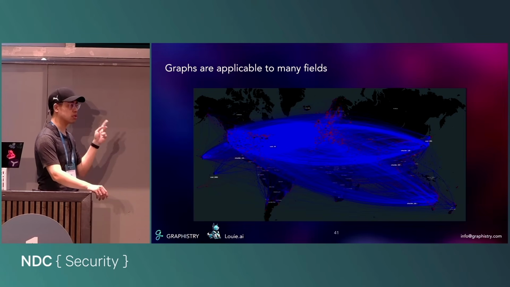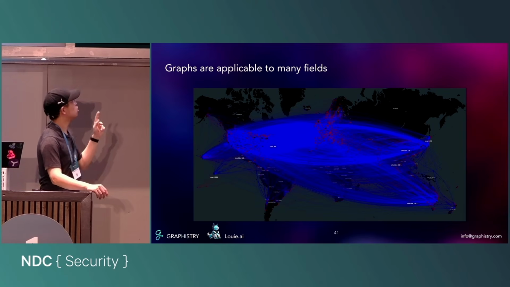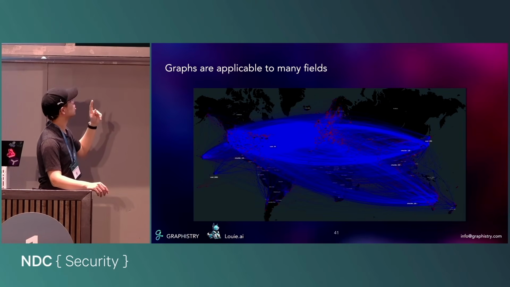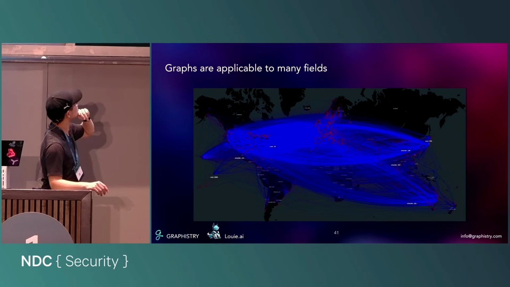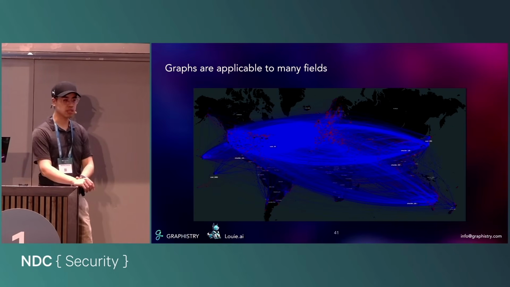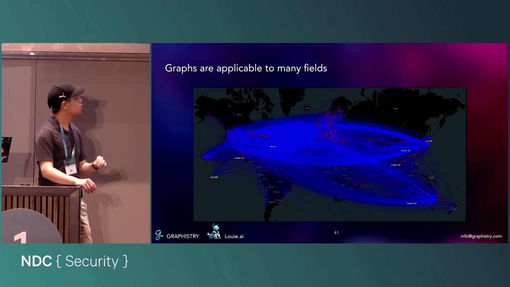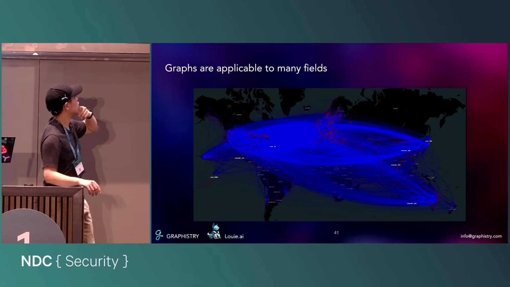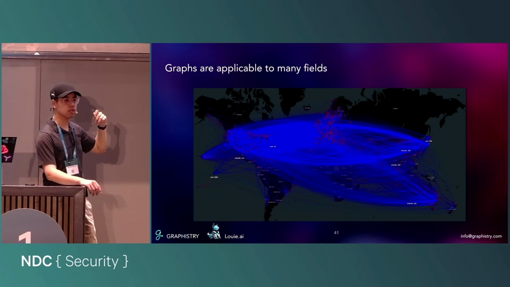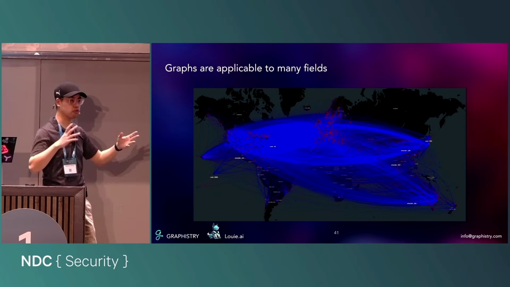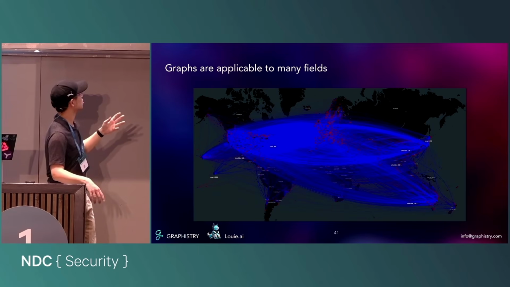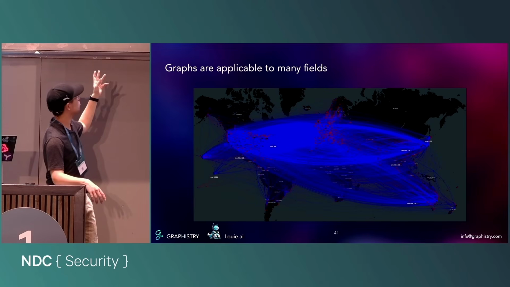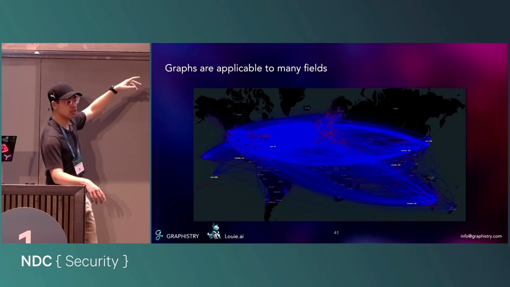In this case, the red ones are where people are checking in, and the blue nodes, which I don't know if you can see, represent their average locations. And the blue edges are friendships. So you can actually see from this one picture how people make friends across the world. You can see that there's a very strong connection between North America and Europe. Less strong, but still pretty strong between North America and Japan, that sort of thing.